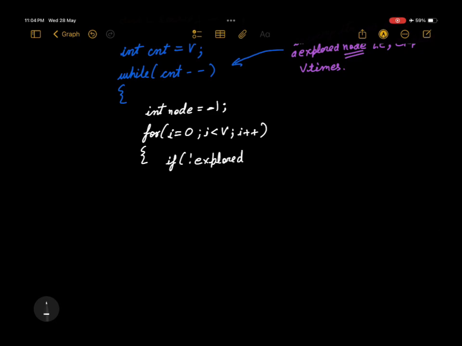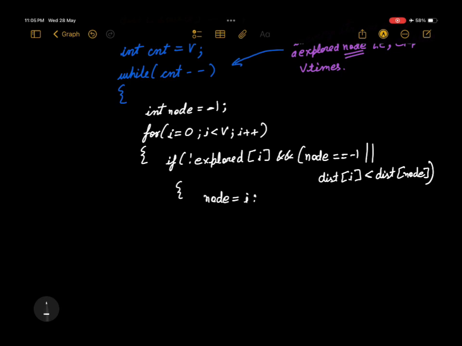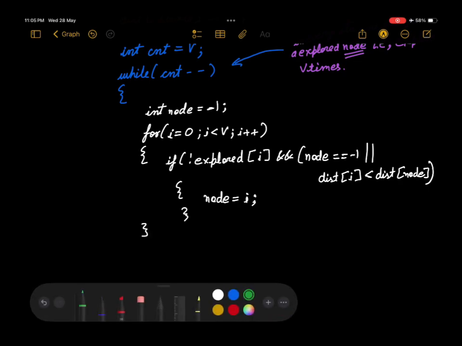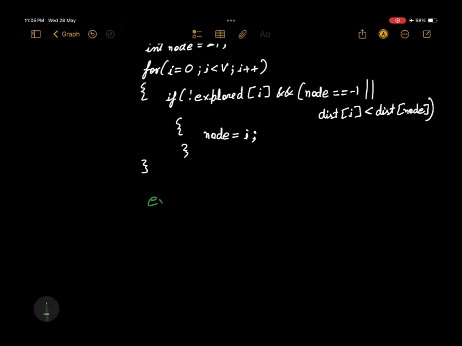For every node we will check if it is not explored, and node is equal to -1. This is for the edge case, for the starting case only, or distance of the current node less than the distance of the node from where we are exploring. So we'll just mark this as our new node, the new node from where we will explore now. Now we will mark this node as explored.